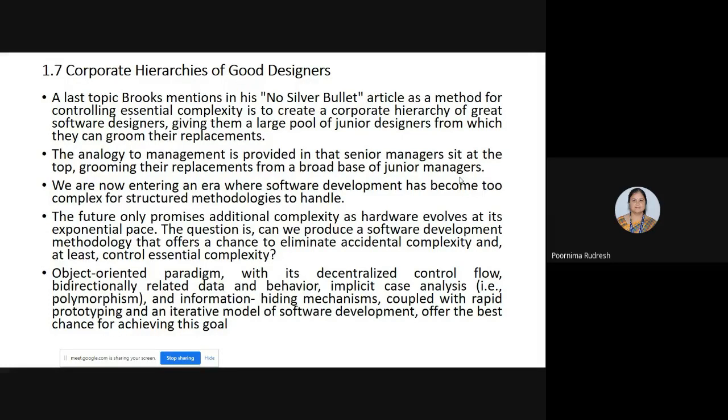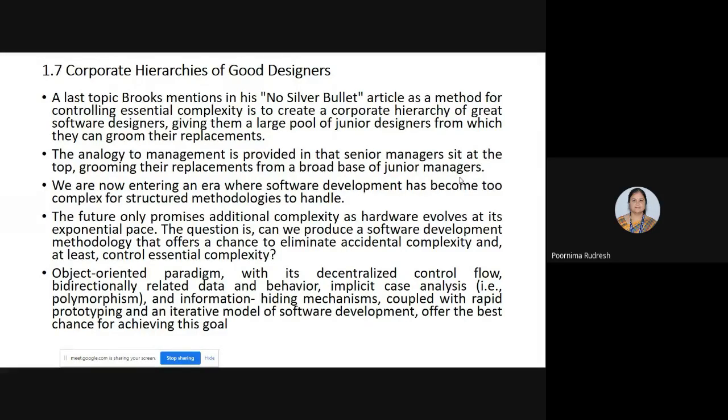Okay, so this is about corporate hierarchies of good designers, and this completes the first chapter, and that is the motivation of object oriented programming. So in this chapter you have studied about the evolution and the object oriented paradigm.